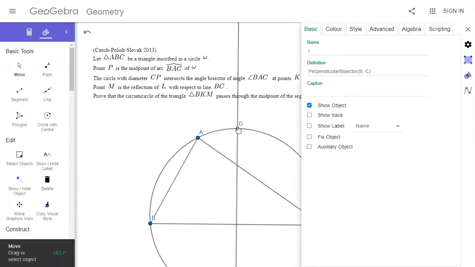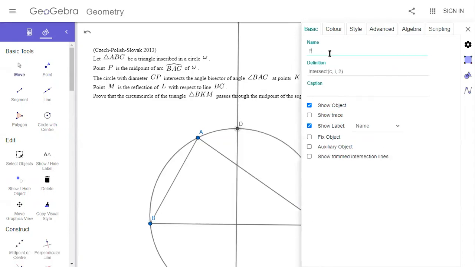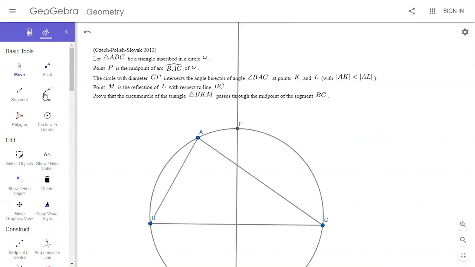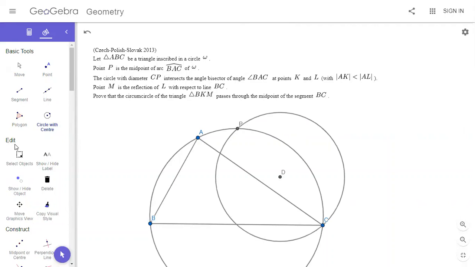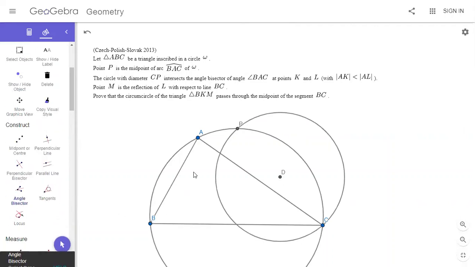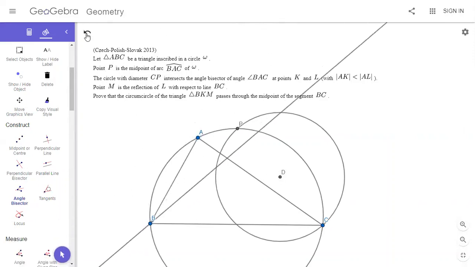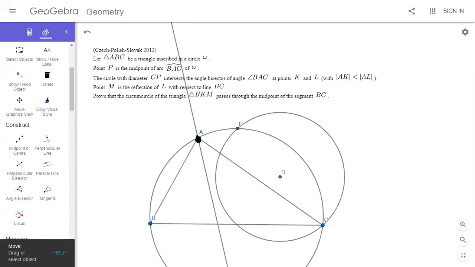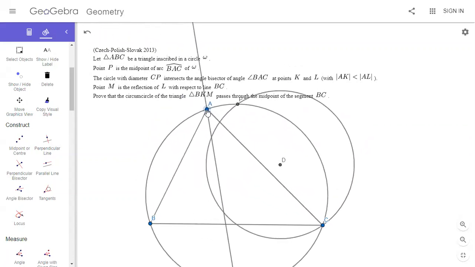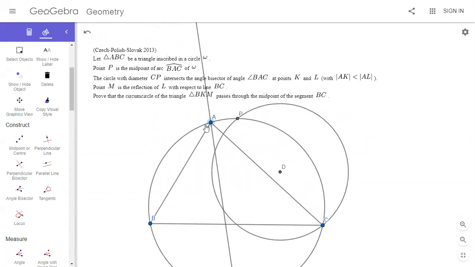The circle with diameter CP intersects the angle bisector of BAC at points K and L. So we need to make it so that they intersect, kind of like this.